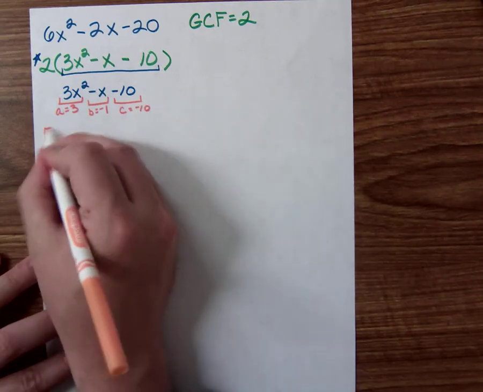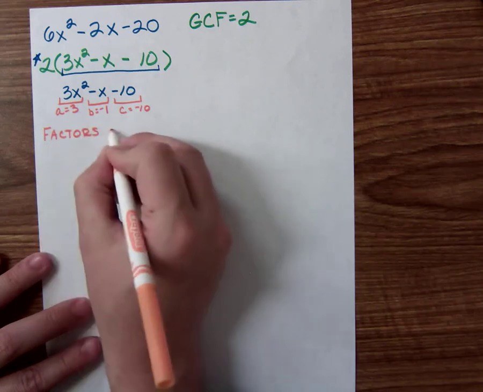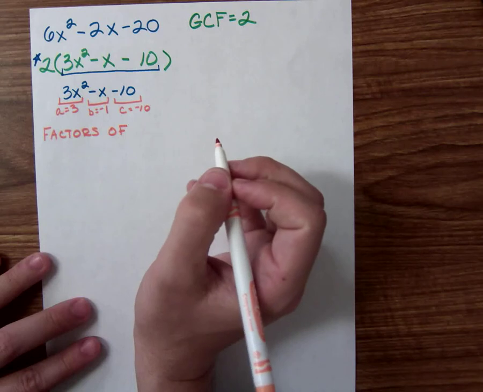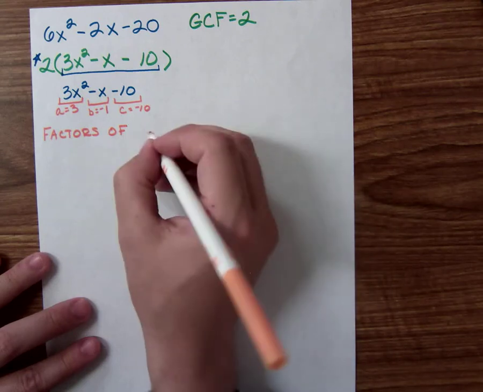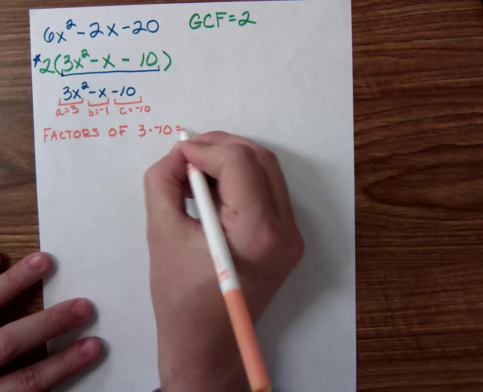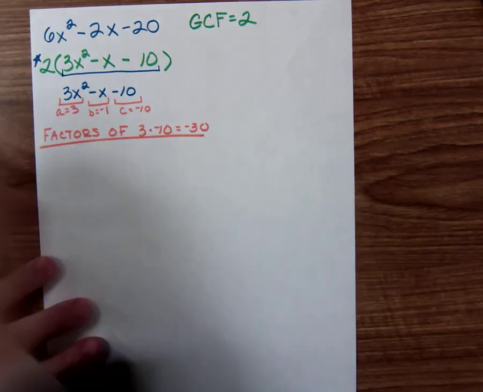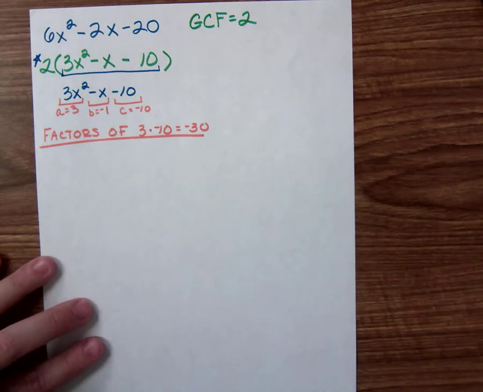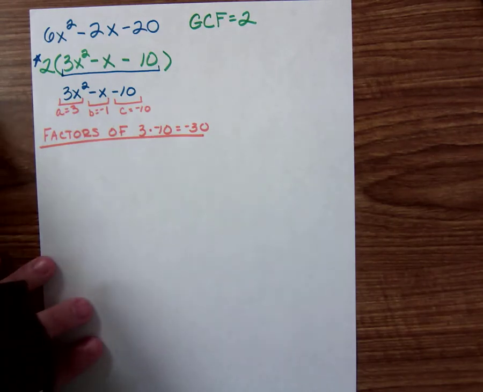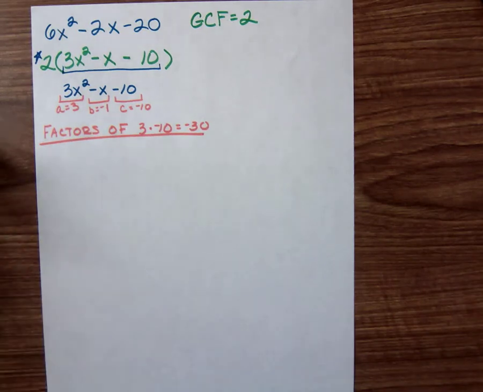So I'm looking for factors of -30. 3 times -10, -30. All right, gang. Give me some factors of -30.